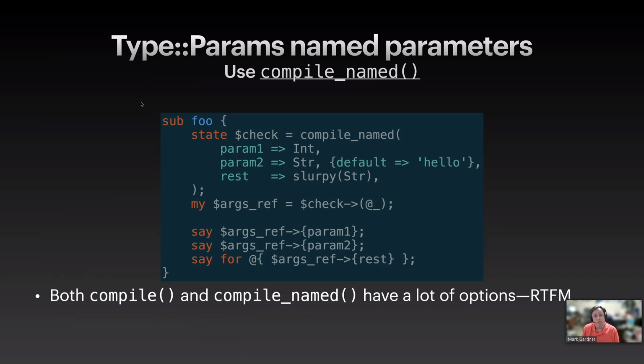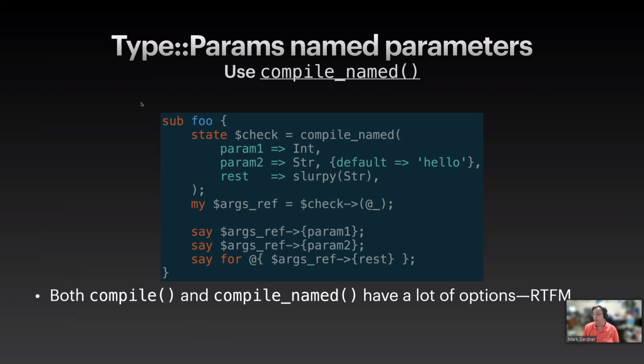compile named will return a hash reference. Or not, I should say compile named returns the check code ref, but when you run that, dereference it against @_, you get that hash ref of parameters. And they both have a lot of options.